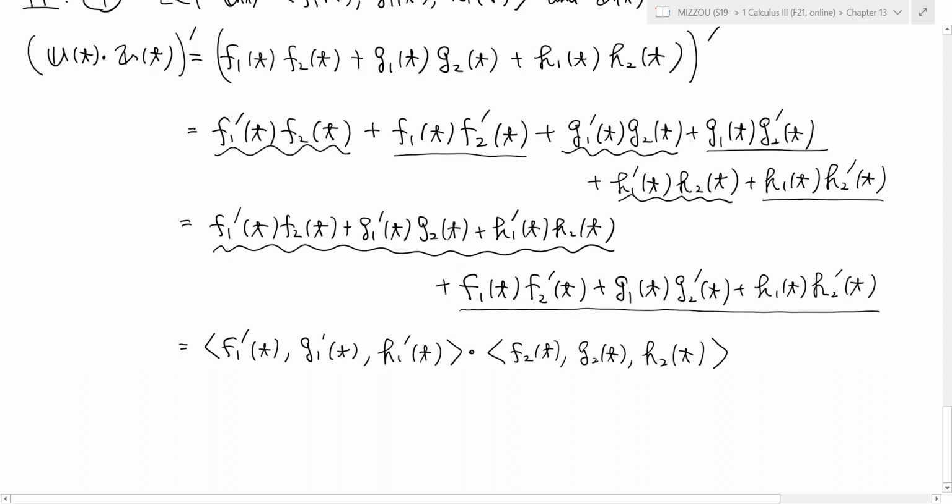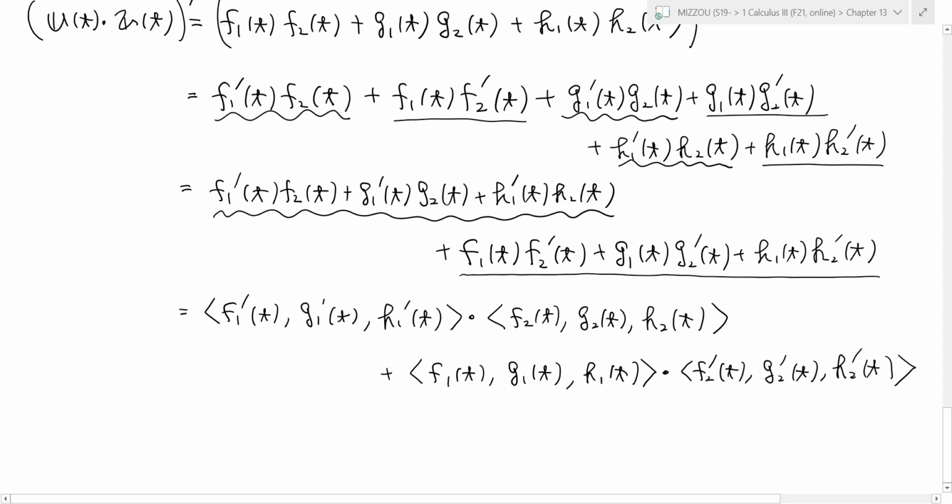And the second term is written as f1(t), g1(t), and h1(t) dot f2 prime of t, g2 prime of t, h2 prime of t. Okay, and then you will see that this is indeed written as u prime of t dot v of t plus u of t dot v prime of t. Okay, so that's the way to prove this.